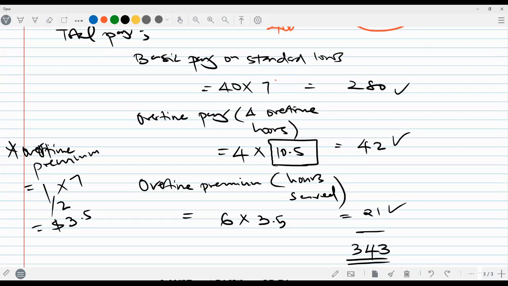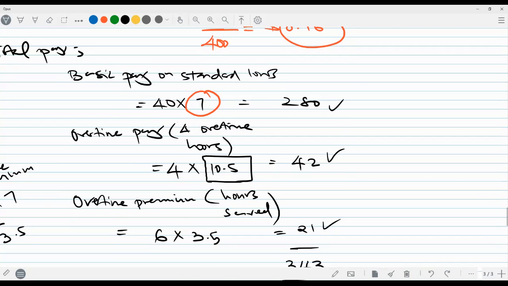Don't forget the basic rate is $7, and the pay is one and a half times, isn't it? Yes. So this will be equal to 4 hours times 1.5 times 7. Oh, yes. Okay, thank you so much.